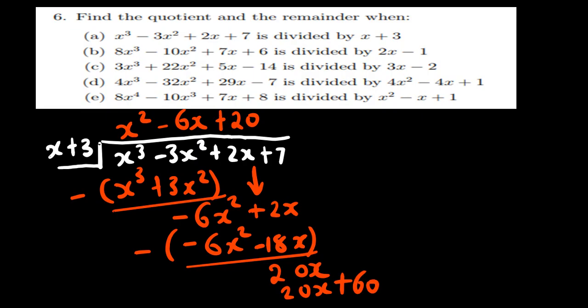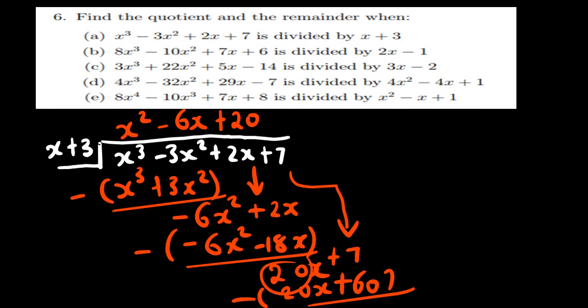Okay, then I'm going to drop the 7, so plus 7. Then I subtract the expression. So this and this one will give me a 0, which I will not write. Then 7 minus 60.